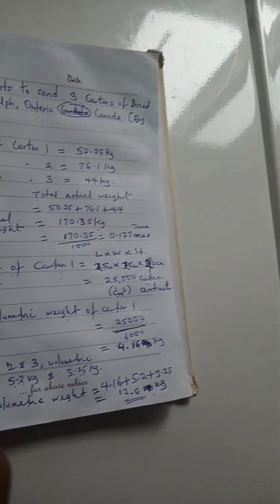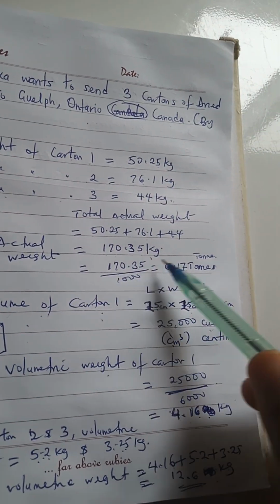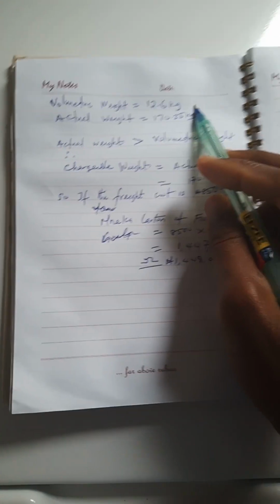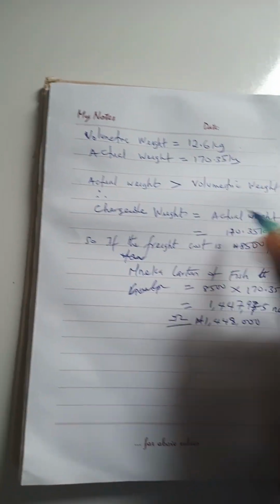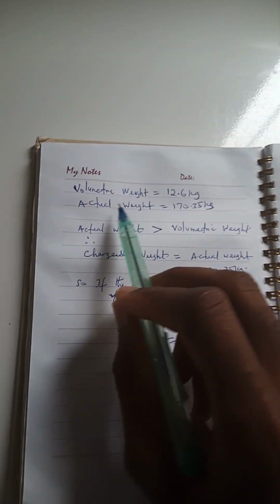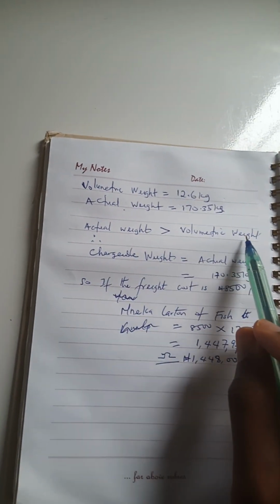Now I will compare the two. Which one is greater between my actual weight that I calculated here and my volumetric weight? As you can see, volumetric weight is 12.5 kg, and actual weight is 170.35 kg. So which is greater? Of course, actual weight, 170.35. So actual weight is greater than volumetric weight.